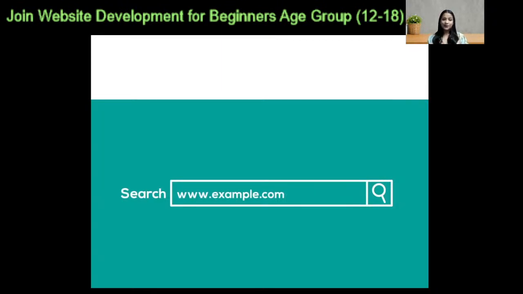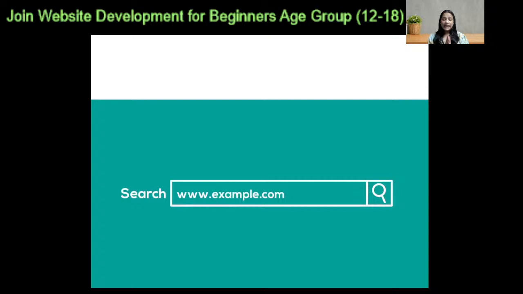Now, many of the students have seen something like www.example.com. That is called a domain. When we are talking about a website, we need one domain name so that people can search for it. People can search from anywhere in the world, not just your city, state or country.